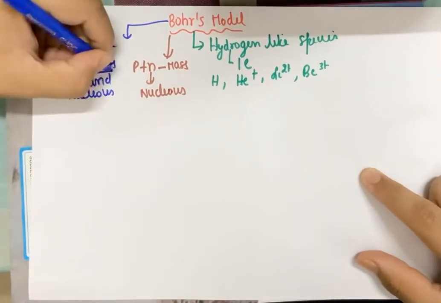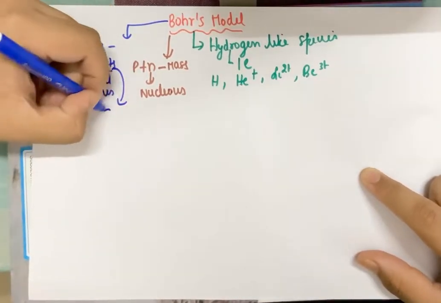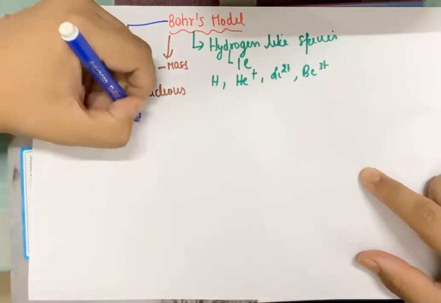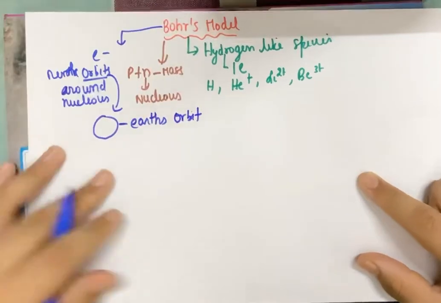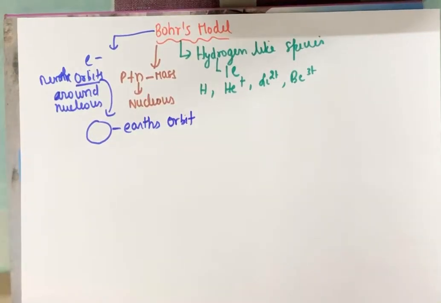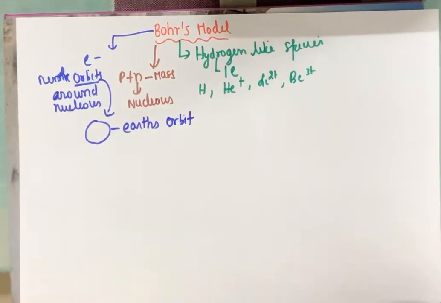Now when I say orbit, an orbit basically is an elliptical path, just like Earth's orbit. Fine. The easy way to remember this model is the diagram of the solar system.